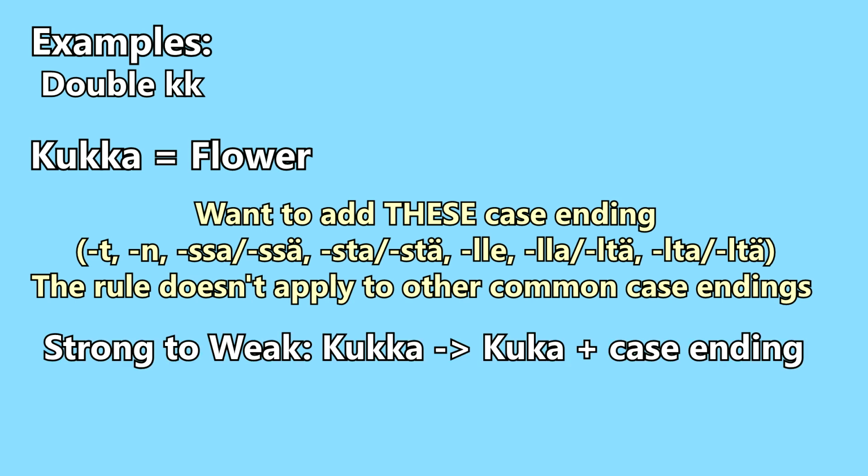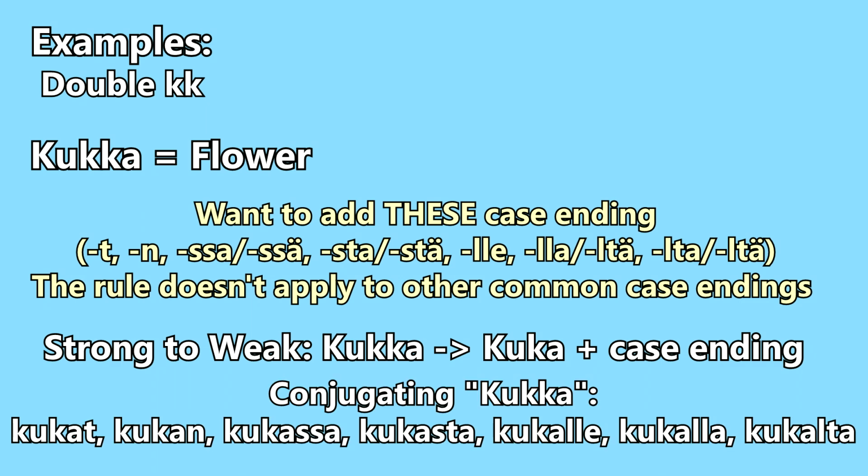So kukka would turn into kukat. The KTP rule just states that because the noun kukka, flower, has a strong grade, it has two Ks in it, when we're conjugating it to fit the T ending here, we need to drop one of the Ks so the pronunciation isn't as chunky.